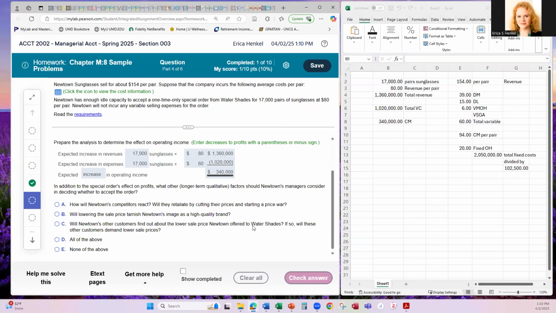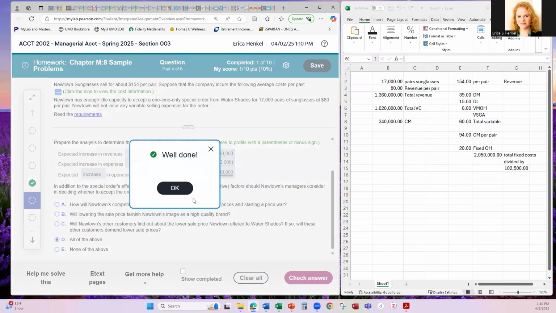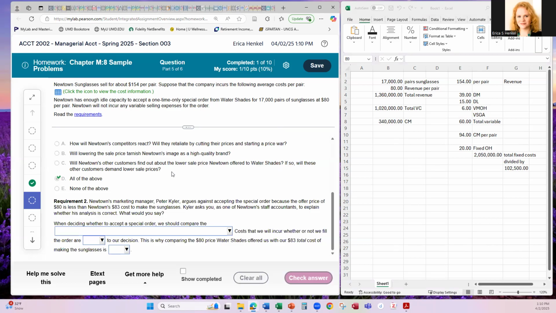Yes, that's an important consideration if we start lowballing. Will our other customers find out about the lower sale price? Potentially, yeah, that's an issue too. Will our competitors lower their prices, causing a pricing war? Will we have other sales issues with our customers? So all of those are issues.